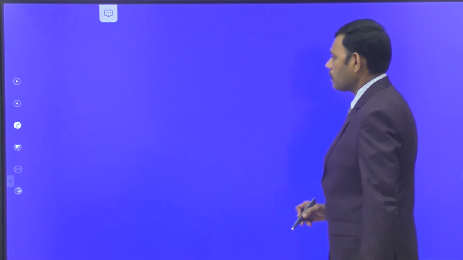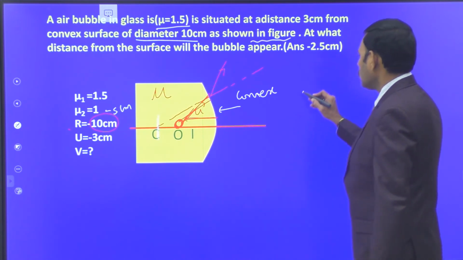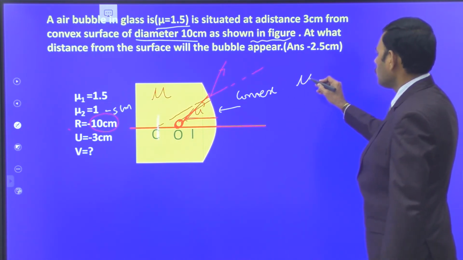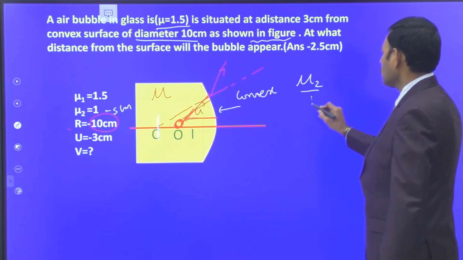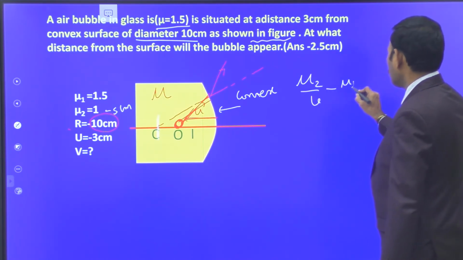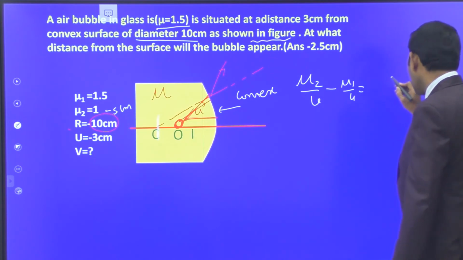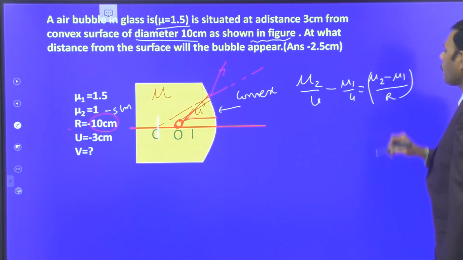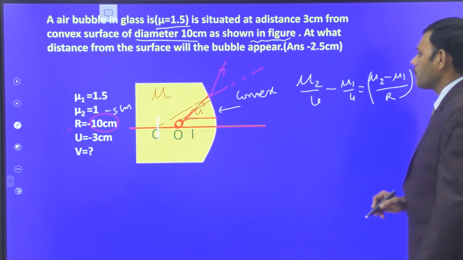So here the formula. The formula for refraction at a curved surface is given by mu2 by V minus mu1 by U is equal to mu2 minus mu1 divided by R. We have to use them with proper sign convention.